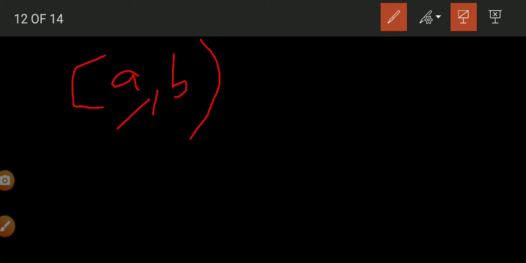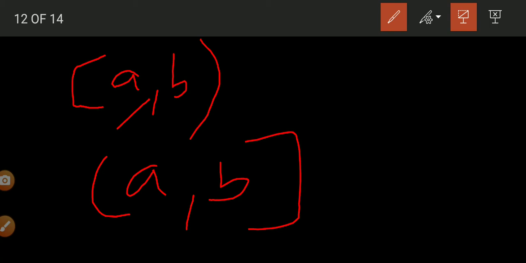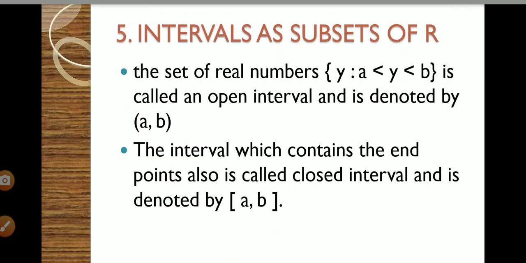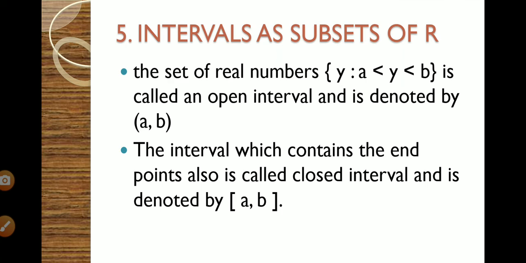And if I write the other way, it is an interval from a to b, including b but excluding a. These are intervals as subsets of R.